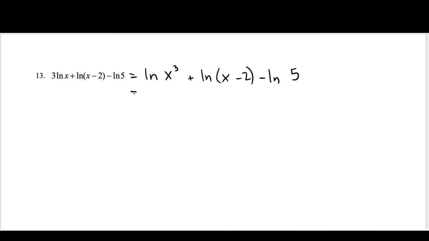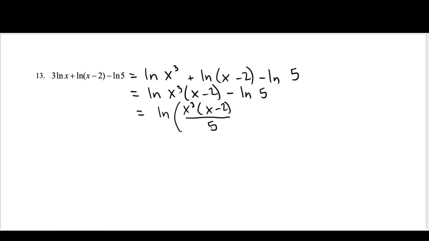So that would be equal to ln of x cubed times x minus 2 minus ln 5. And then I can use the quotient rule of logarithms to combine these last two terms together. So that would be ln of x cubed times x minus 2 divided by 5. Okay, like so.